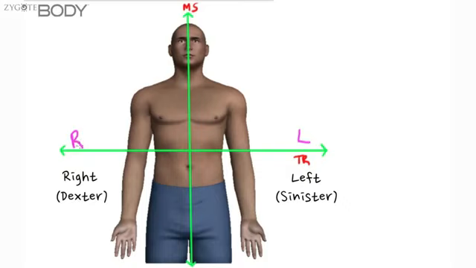Now, how do you determine left from right when you're looking at a subject or a structure? These directions are always determined based on the subject's perspective. So anything found on this side is the subject's left side, therefore this is a left part, and we can say that the lung found here is the left lung and the left kidney, and so on.